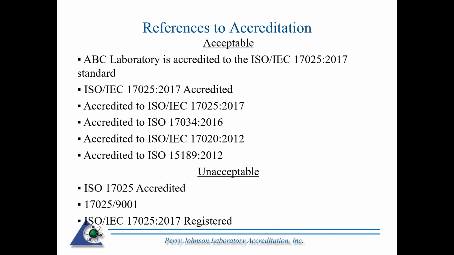So we give some examples of acceptable means of referencing accreditation, with the whole entire standard there. And then unacceptable. So you can see down at the bottom there, I have run across where we see that bottom part, 17025 registered.